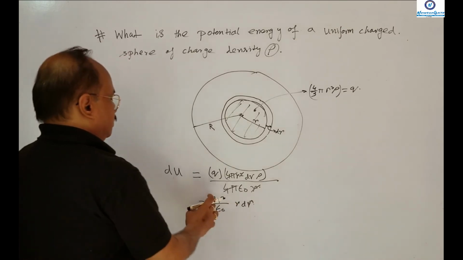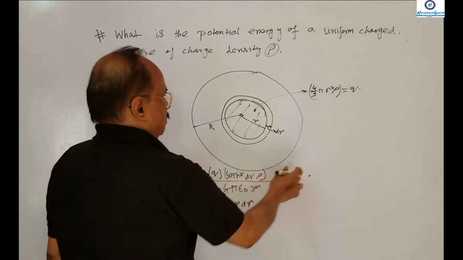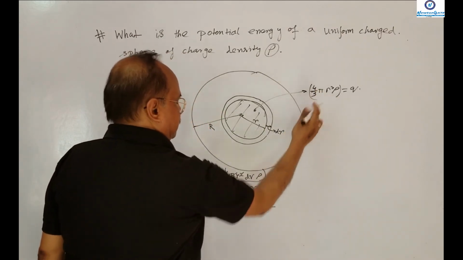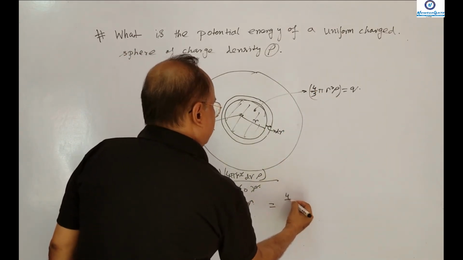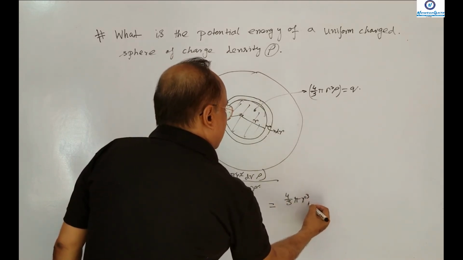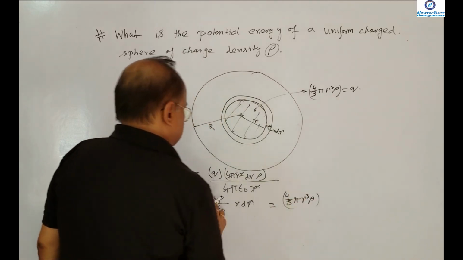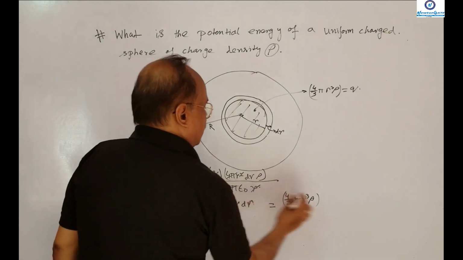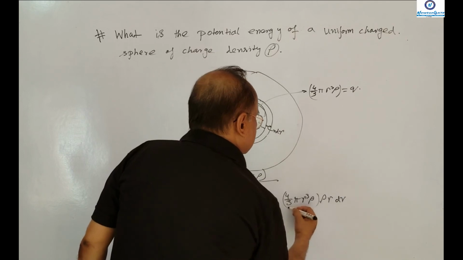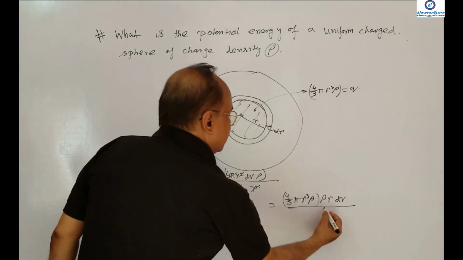Now you have to find out this q. Already I have done it: q equals 4/3 pi r cube rho. In place of q, putting this, and there is already rho r and dr, divided by epsilon naught.